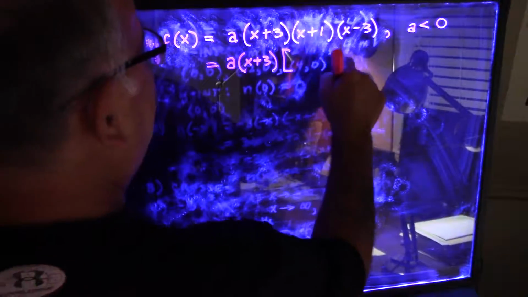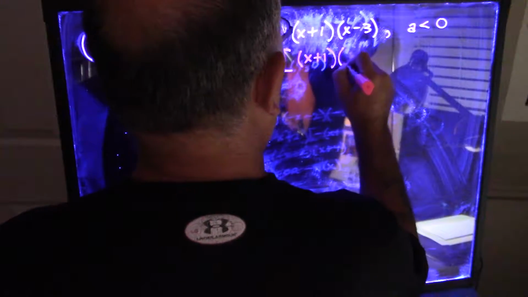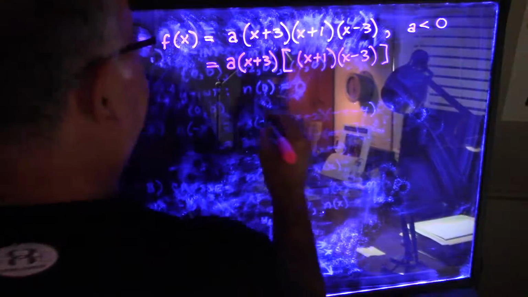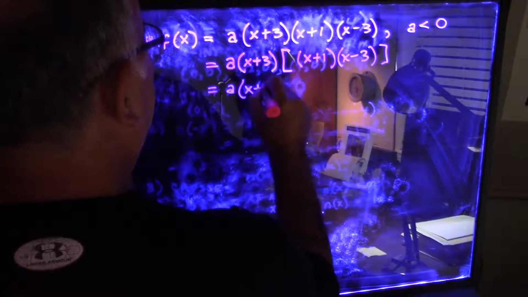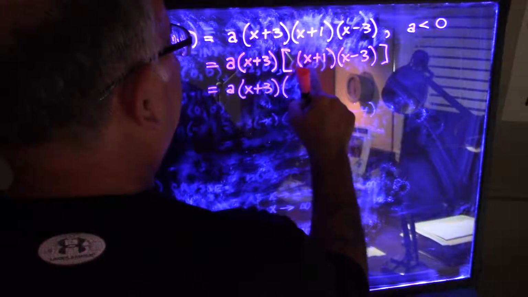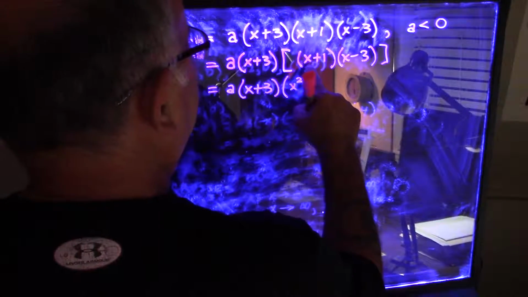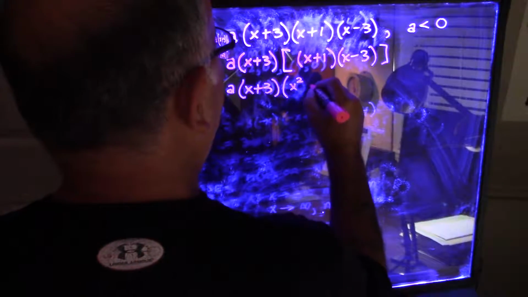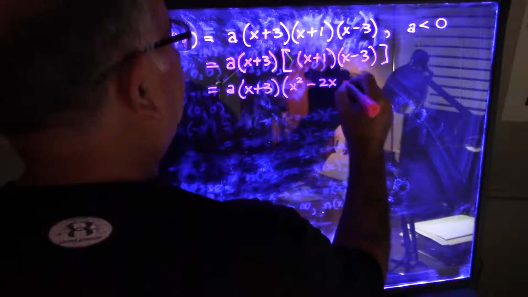I'll do these two. x plus 1, x minus 3, put that in brackets. And then this gives us x times x is x squared, and then negative 3x plus 1x is negative 2x, and then 1 times negative 3 is negative 3.